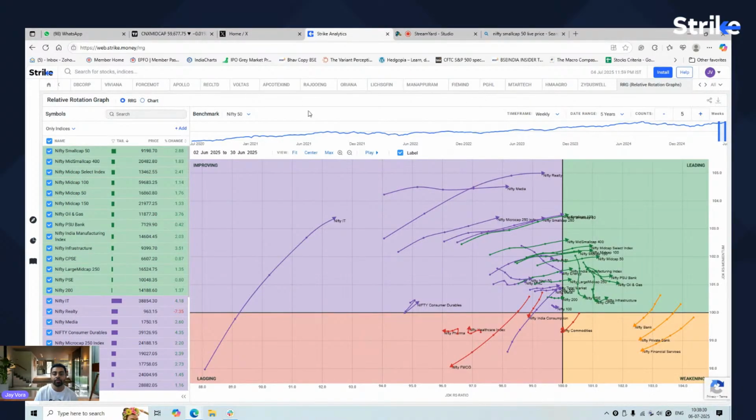So despite this being 30th June, which we are considering as the week start, based on the feedback, we are on the trials of making some changes in RRG. That new version should hopefully go live this week, where this will be taken care of. This date will basically be the latest date, whichever has last got traded.